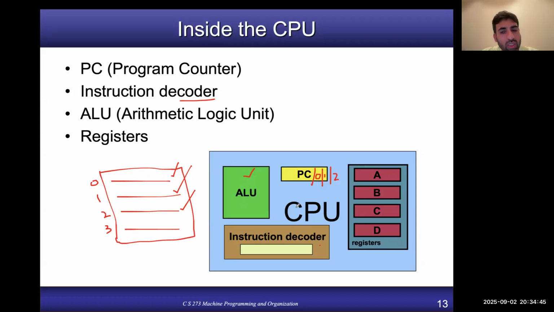For example, if the instruction says load the immediate value 5 into a register, the hardware first looks at the binary code of that instruction, and then understands that it wants to put the value 5 in, let's say, register R1. Let's say there is another instruction at address 1 which says add registers R1 and R2. It will have a different binary code. The instruction decoder will look at that binary code and understand that this instruction wants it to add registers R1 and R2. This is the job of the instruction decoder.